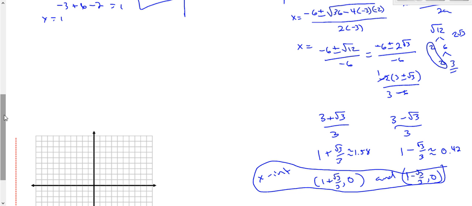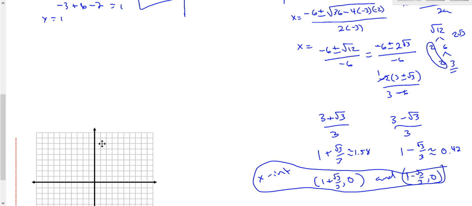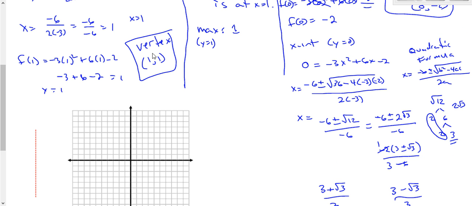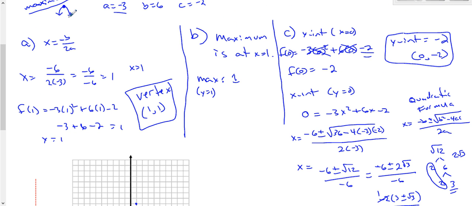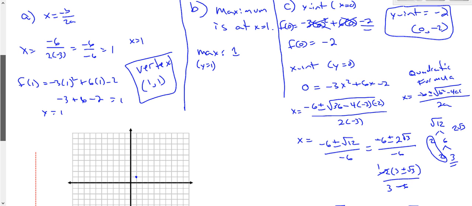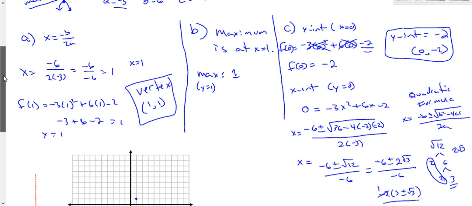Okay. Now we're going to graph this. To graph this, I'm going to first start with my vertex. My vertex is (1, 1). So I graph (1, 1). And then, knowing that it's a frowny face, so it's going down, I can check my work as I'm going through here. The next thing I want to graph would be my intercepts.